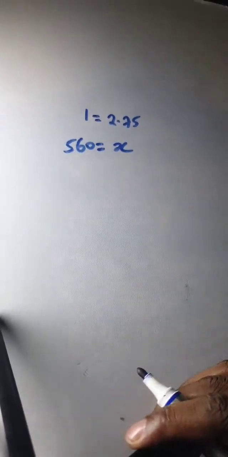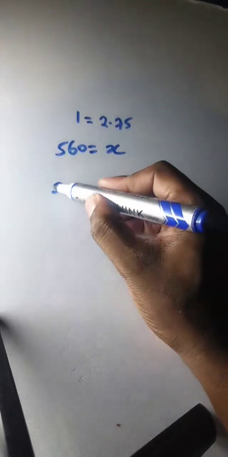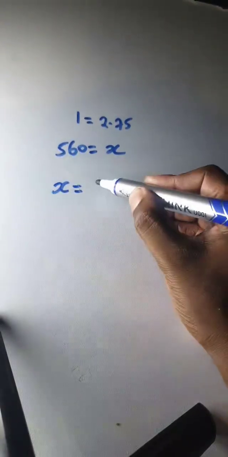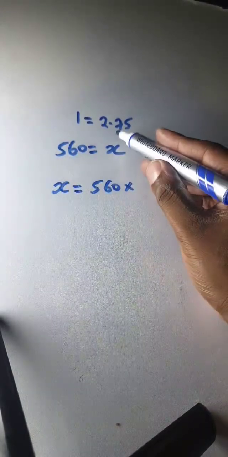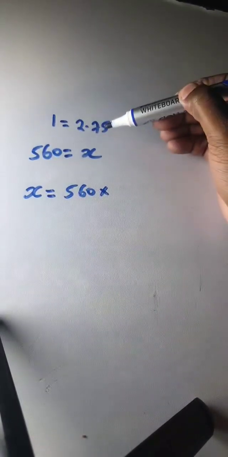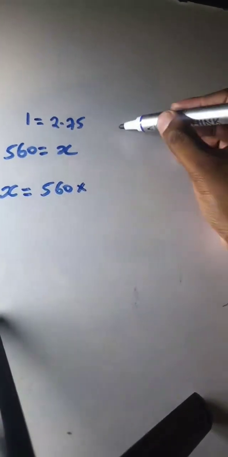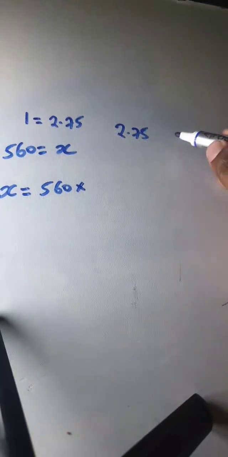Long time. Okay, so now we're going to say 1 times x equal to 560 times 2 kwacha 75 ngwee. Now, let's talk about this because it's in decimal places, so we need to work on that. 2.75 can be changed into a fraction.